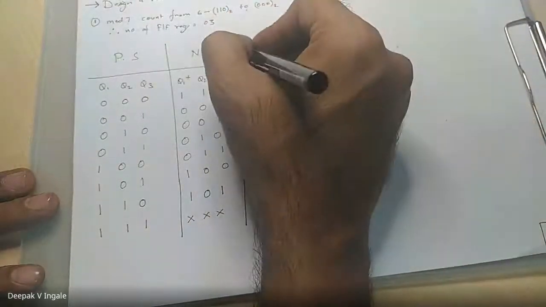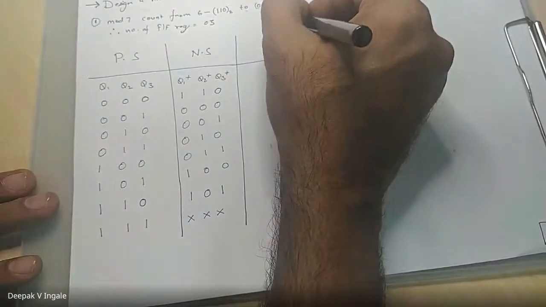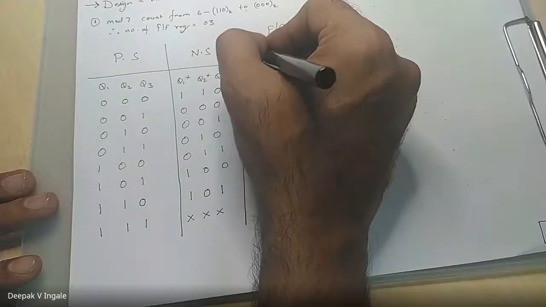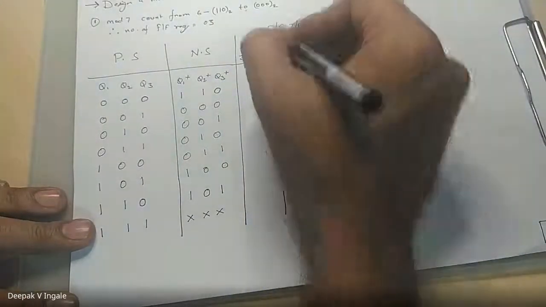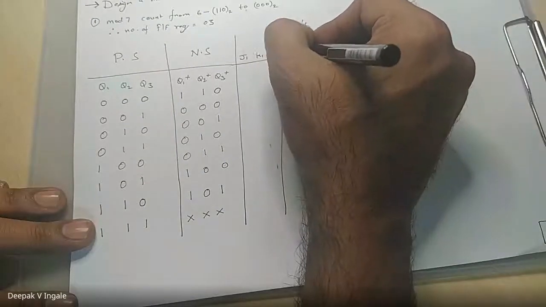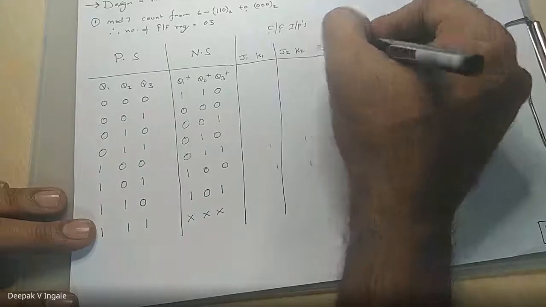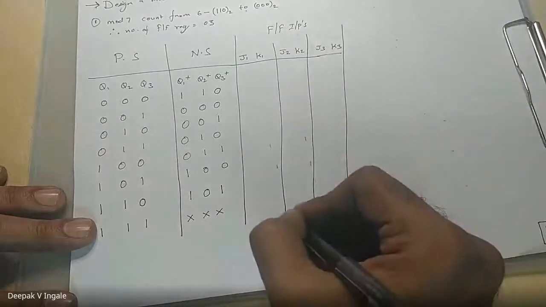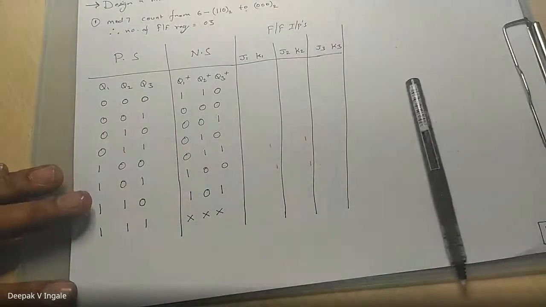Now, writing the flip-flop inputs. You would need J1, K1, J2, K2, J3, K3. Correct? Now, this is very important.